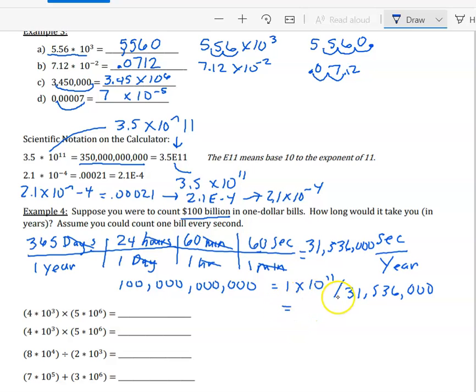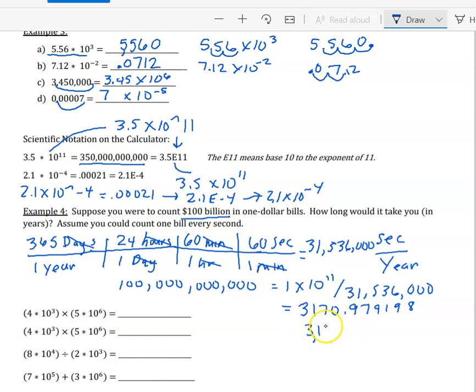So to get my final answer, I need to divide those two. So 1 times 10 to the 11th divided by 31,536,000. I'm coming up with 3170.979198. So it looks like we couldn't do it in 3,170 years because we've got a decimal.